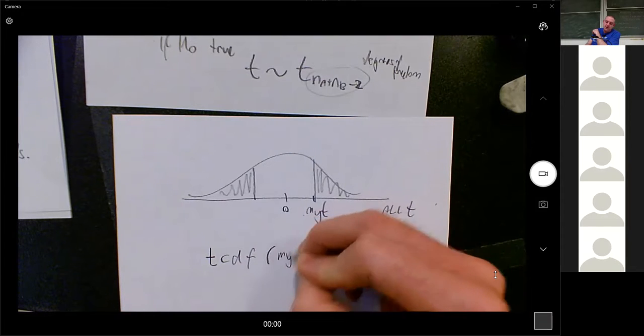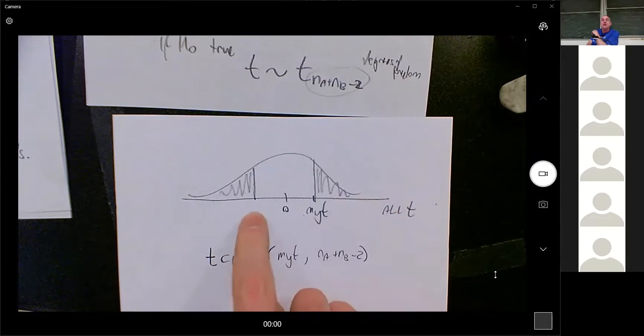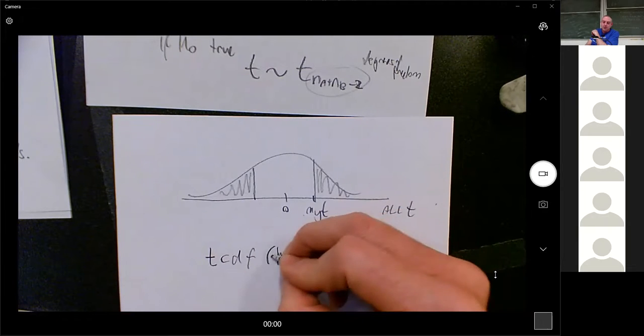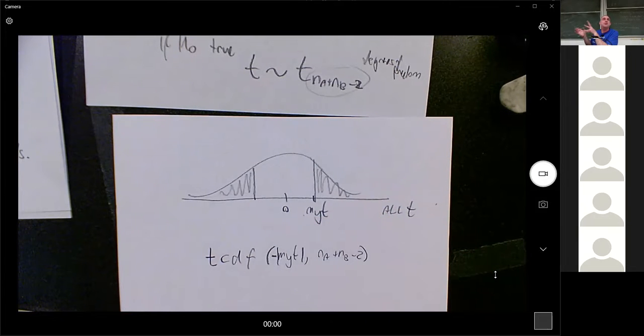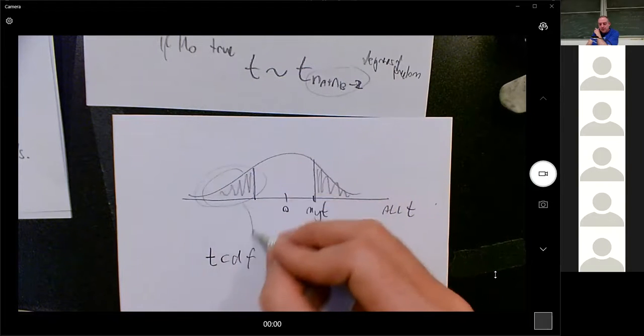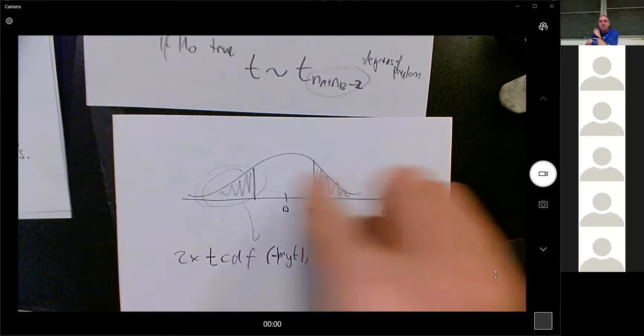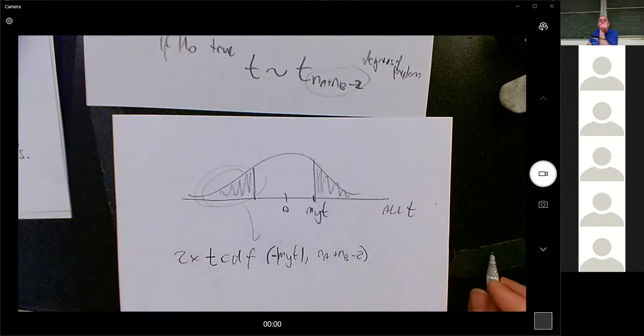And you'll stick your t in here, but you need to make it definitely negative, so you'll absolute value it and put a minus. So if it was already positive, the absolute value won't do anything and the minus will make it minus. If it was already negative, then the absolute value will make it positive and the minus will make it minus. That will give you this bit, and then you'll times it by 2 because you need both of them.